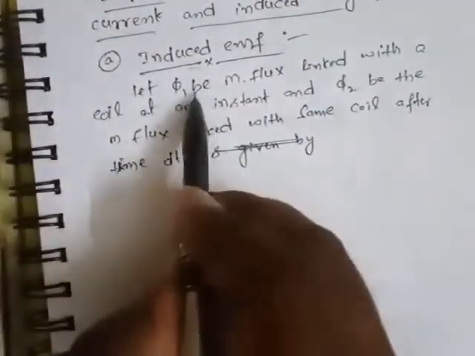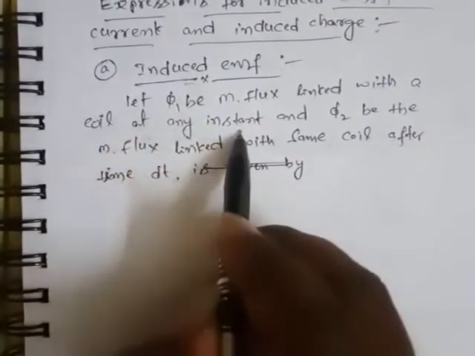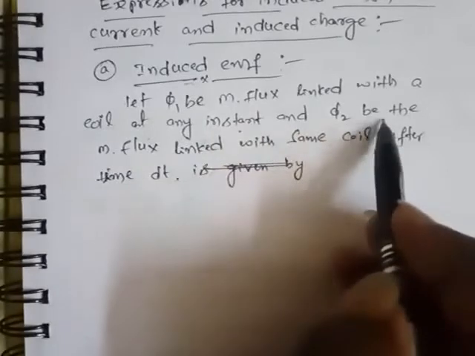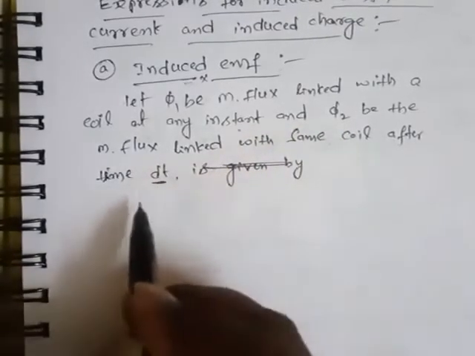So here phi1 is the magnetic flux linked with a coil initially, and later phi2 is reached in the time interval dt.